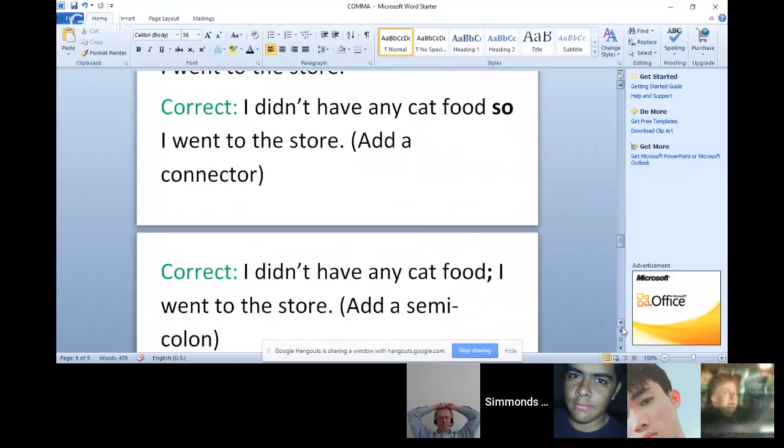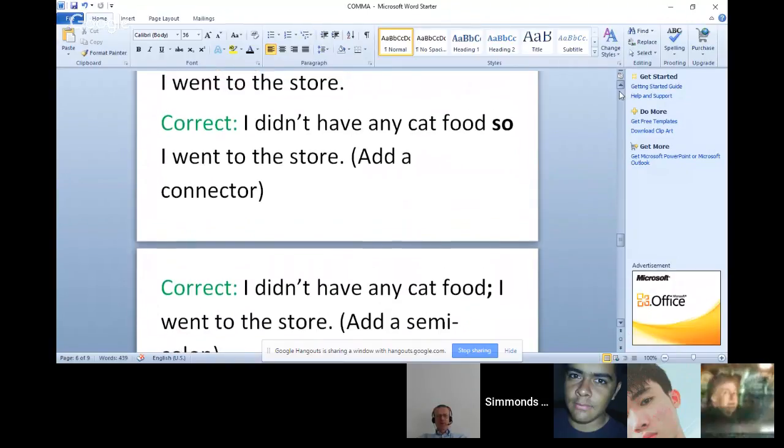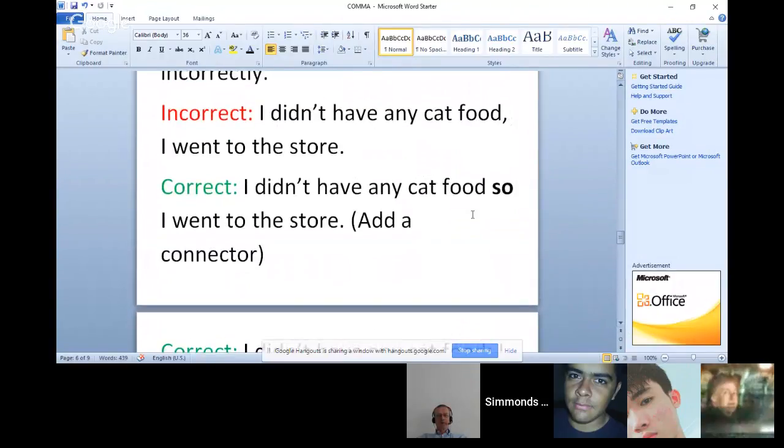So without a comma, it's not correct. Actually, there are two different meanings. If you put I didn't have any cat food, full stop, I went to the store, the meaning is different from when you say I didn't have any cat food, therefore or so I went to the store. There are different meanings if you put so, I think. Is that right, Becky?